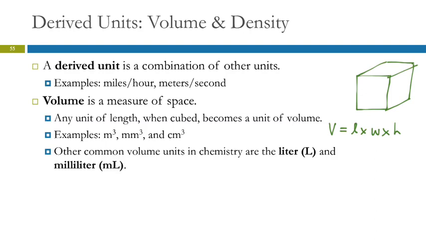Well, if each of these sides is measured in centimeters, oh, here's my other side, then I'm going to end up with centimeters times centimeters times centimeters, right? And that's going to be centimeters cubed. So we can make a volume unit out of a length unit that's cubed. Does that make sense? So meters cubed, millimeters cubed, centimeters cubed, any length unit cubed is a volume unit. But it's derived because it's from a length measurement.